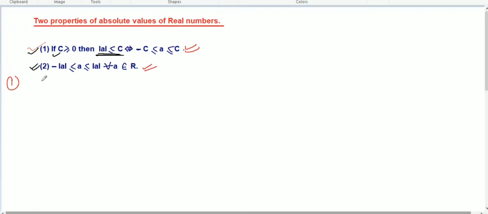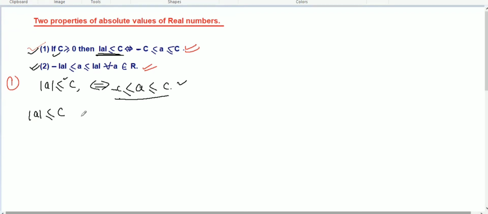Start from here: the absolute value of a is less than or equal to c, and it implies that a is greater than or equal to minus c and less than or equal to c. First we will prove this one, and then after this we will prove the converse as well. We will take this one, and then we will prove the absolute value of a is less than or equal to c.